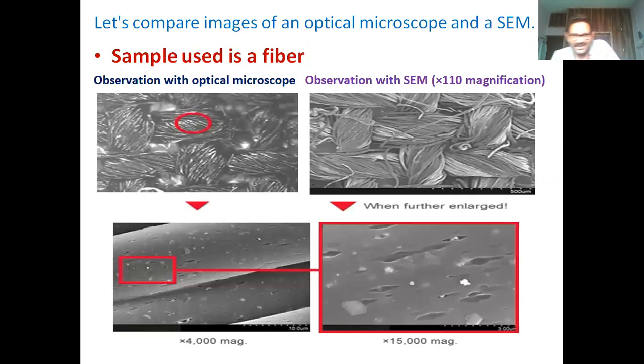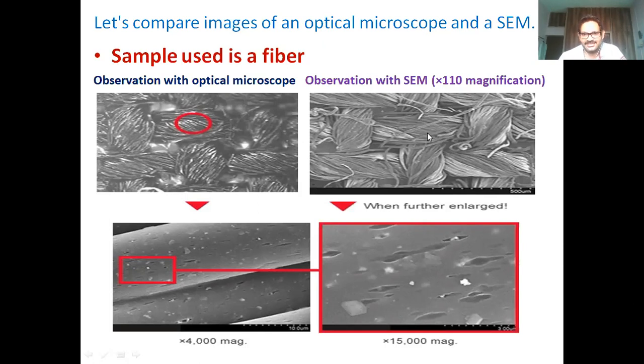Let's compare images from an optical microscope and a SEM. Suppose we view a fiber through an optical microscope, the image looks like this. This is the extent to which we can see the fibers. But the same fibers we can view with a SEM. See, this is the image at 100 plus magnification.